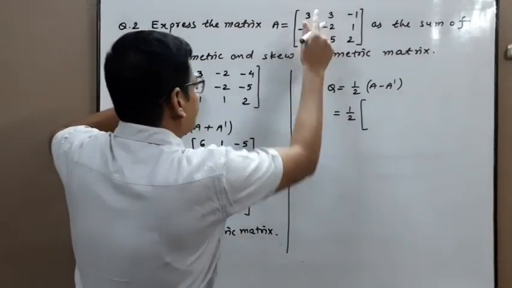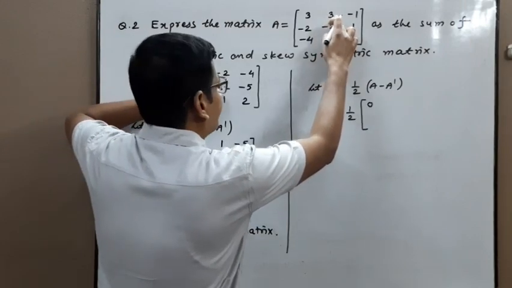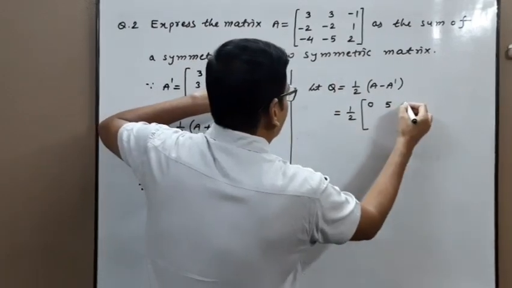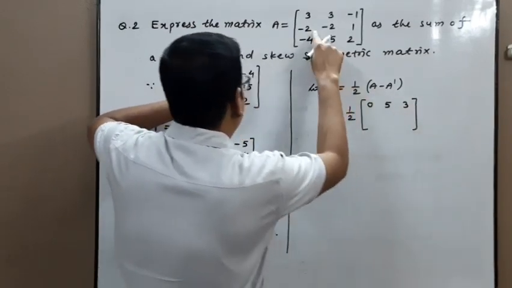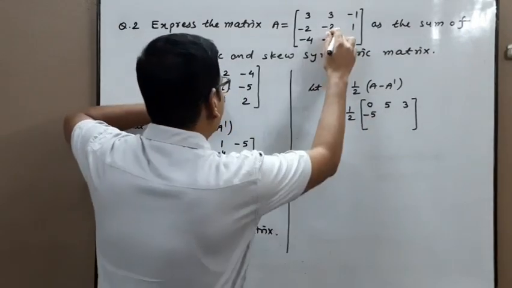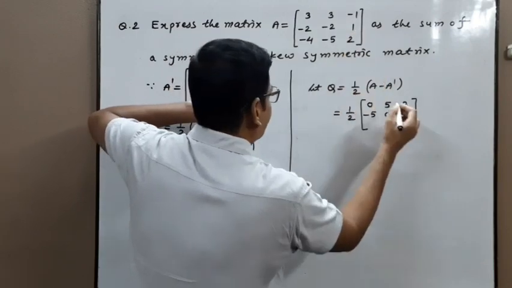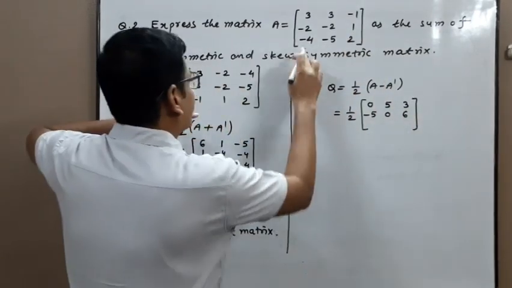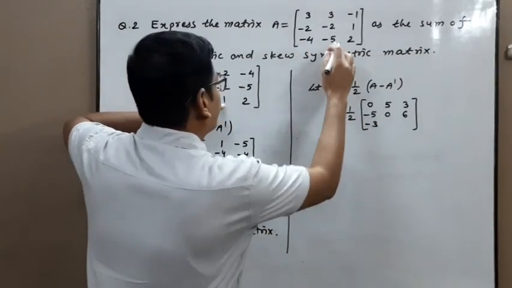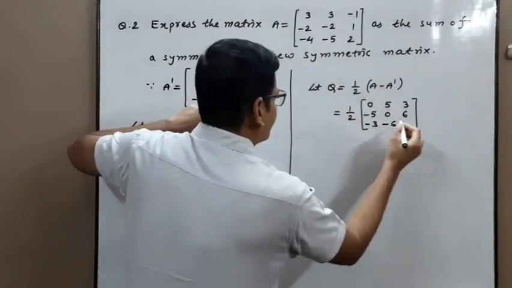So 3 minus 3 is 0, 3 minus minus 2 is 5, minus 1 plus 4 is 3, minus 2 minus 3 is minus 5, minus 2 minus 2 is 0, 1 minus minus 5 is 6, minus 4 plus 1 is minus 3, minus 5 minus 1 is minus 6, and 2 minus 2 is 0.